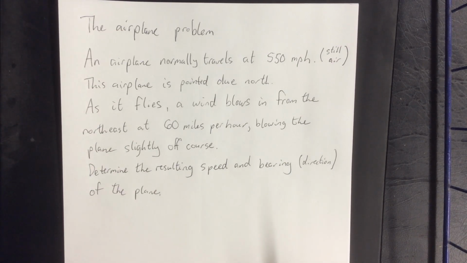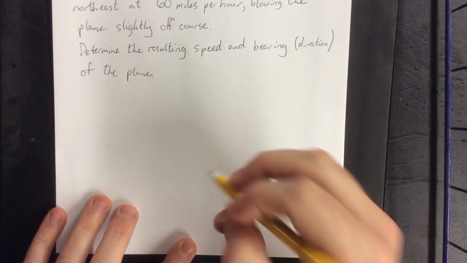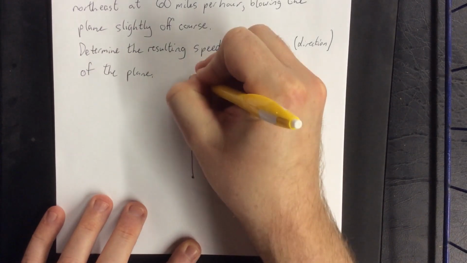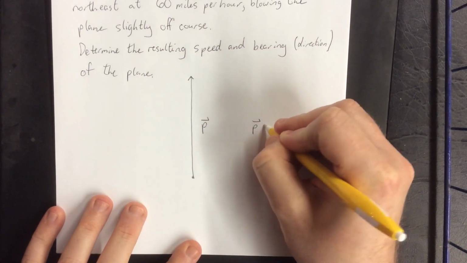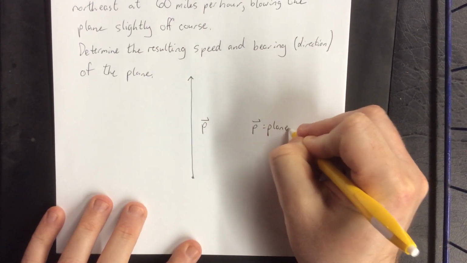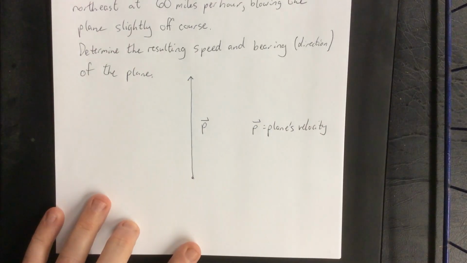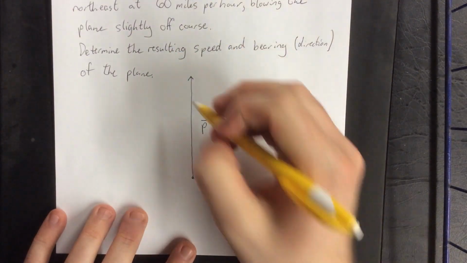Now, we're dealing with velocities in this problem, which is why we're going to be combining these velocities. We'll define 2 vectors. One of them is going to be the plane vector, which will denote P. So this will be the plane's velocity. And to the plane's velocity, I am going to be adding in the velocity of the wind.